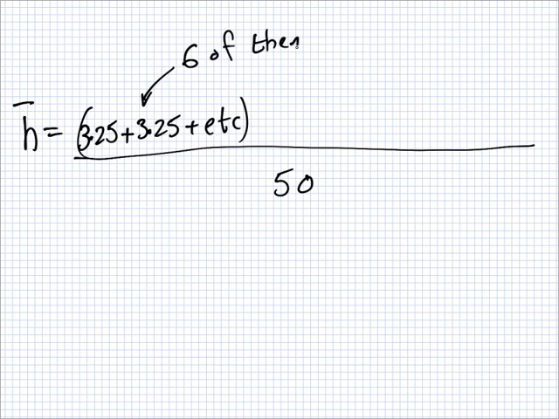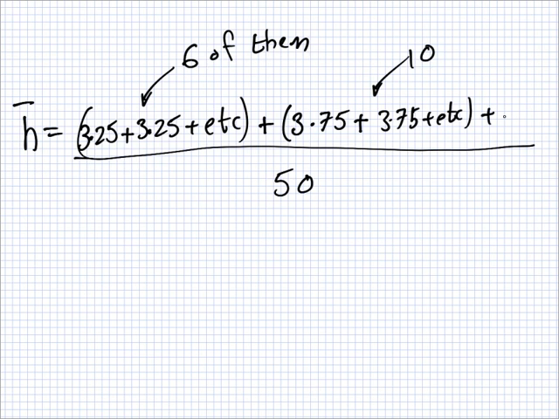Okay, on to the next group of trees. What height are those? 3.75, yeah? And how many of those do I have? Etc. And I have 10 of them. Etc. So I hope you can see the pattern here.